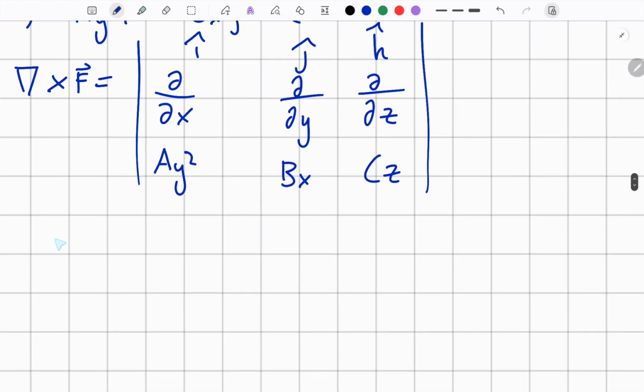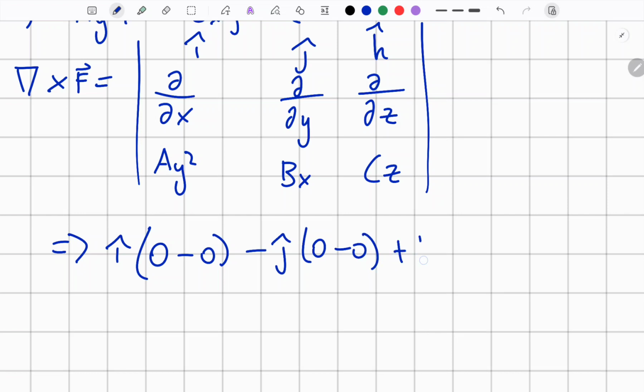So now, let's see what we get. We have I times the derivative of this with respect to y, which is 0. Derivative of this with respect to z is 0. Flip the sign, we have that j. That with respect to x, 0. This with respect to z, 0. Plus k. This with respect to x. Finally, we're getting something that's not 0.